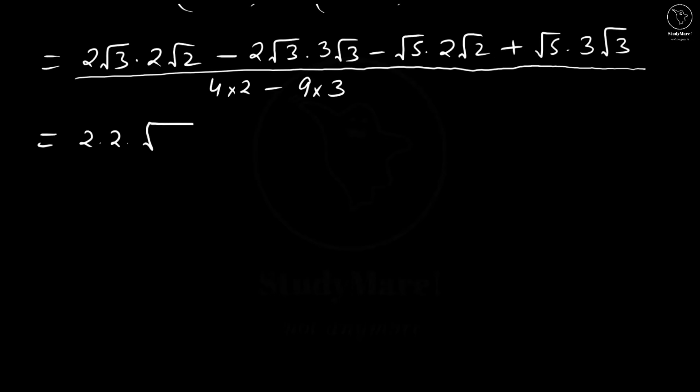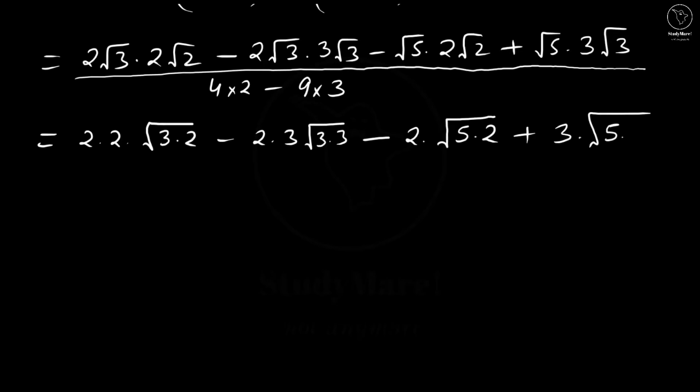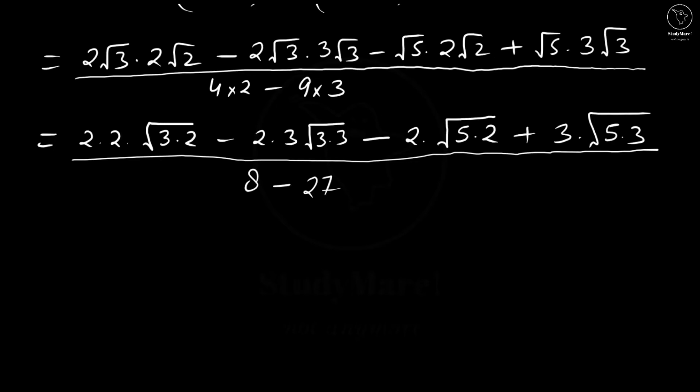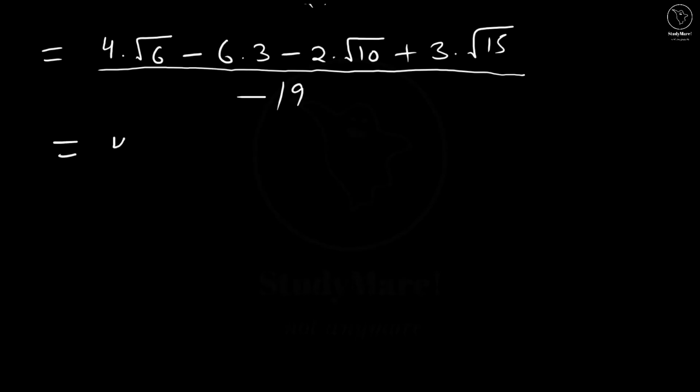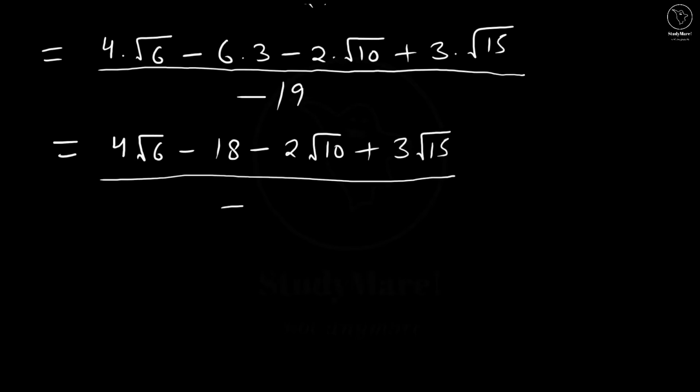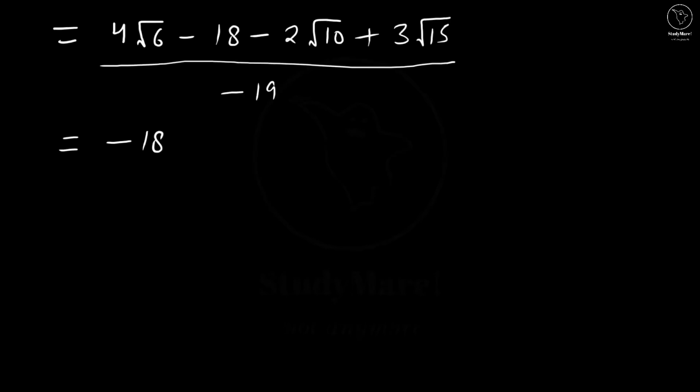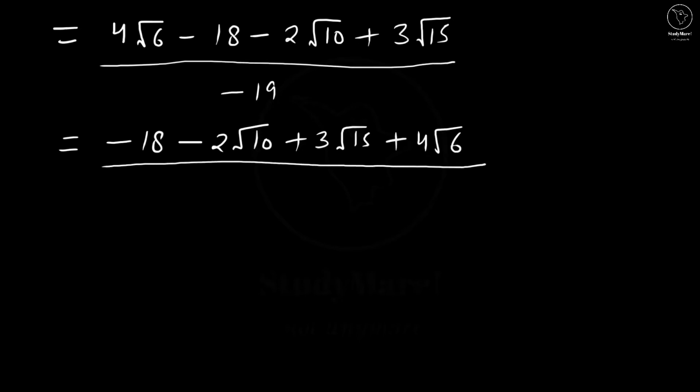equals 2 × 2 × √3 × 2 − 2 × 3 × √3 × 3 − 2 × √5 × 2 + 3 × √5 × 3 divided by 8 − 27, which equals 4√6 − 6 × 3 − 2√10 + 3√15 divided by −19, which equals 4√6 − 18 − 2√10 + 3√15 upon −19, which equals −18 − 2√10 + 3√15 + 4√6 upon −19.